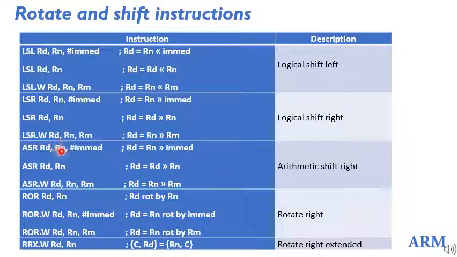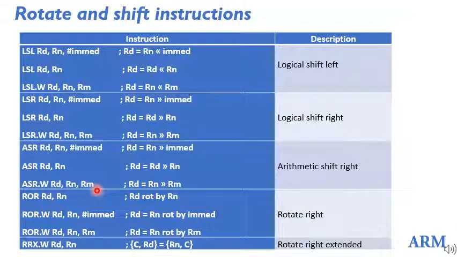The most significant bit always specifies the sign of that number. So the sign is retained, and then from the next position onwards it is shifted to the right. The three variants imply the same: shifting by an immediate value, shifting by a value stored in Rn, and the 32-bit variant as well.